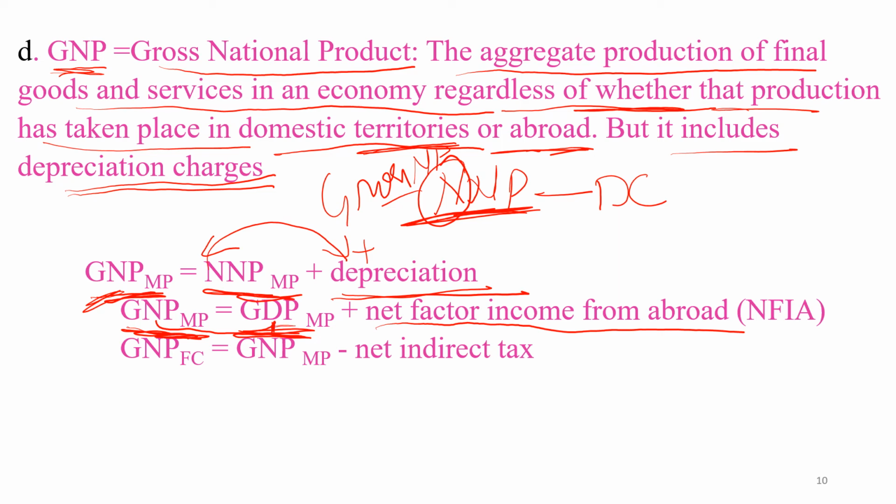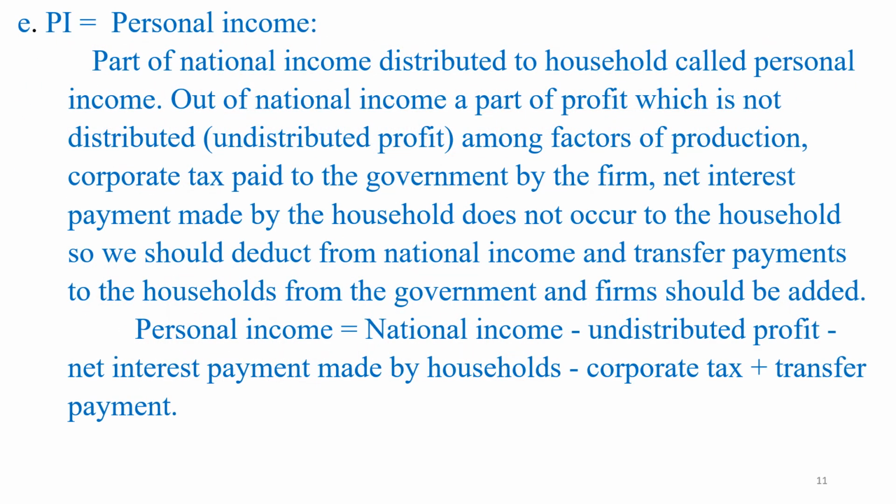Directly you can take GDP, and if you add net factor income from abroad, then easily you can convert to gross national product at market price. Now gross national product at factor cost is equal to gross national product at market price minus net indirect taxes.